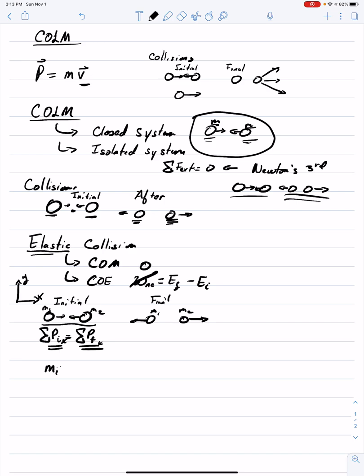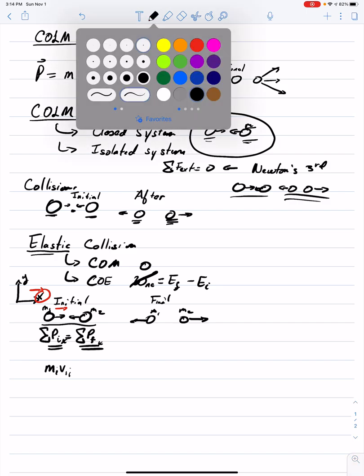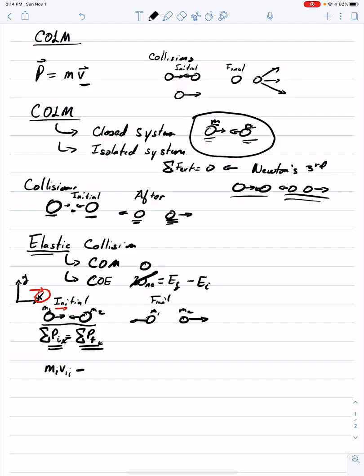Mass 1 times velocity initial is going to be positive because it's going in the positive x direction, thanks to my coordinate axis. Meanwhile, the velocity for mass 2 is negative because it's going against the positive x direction.